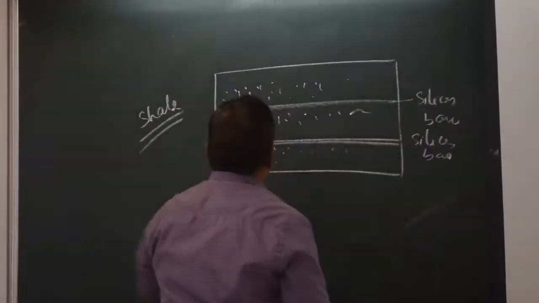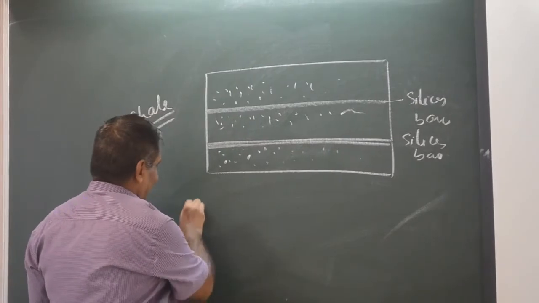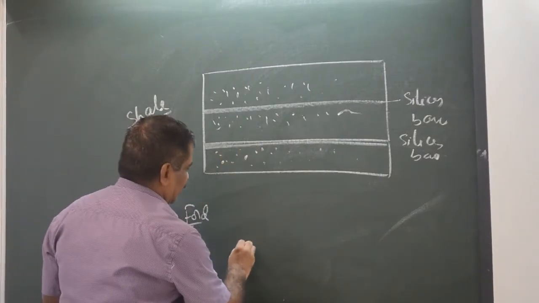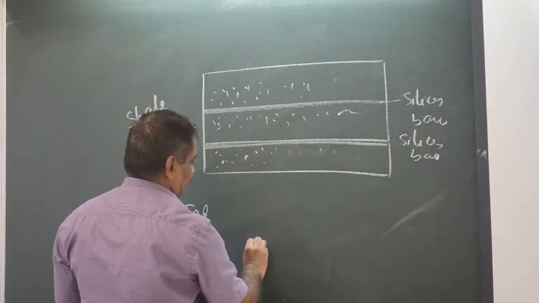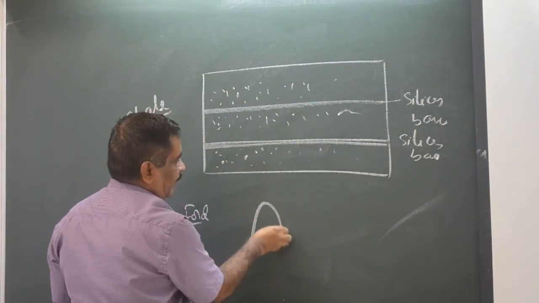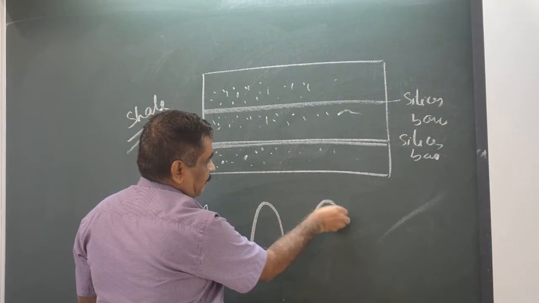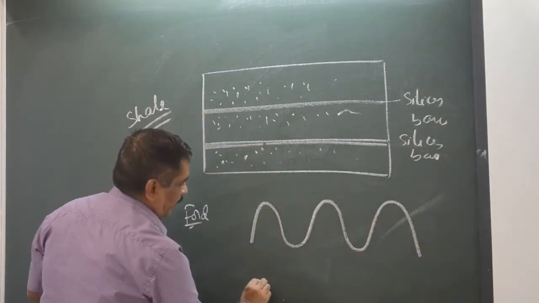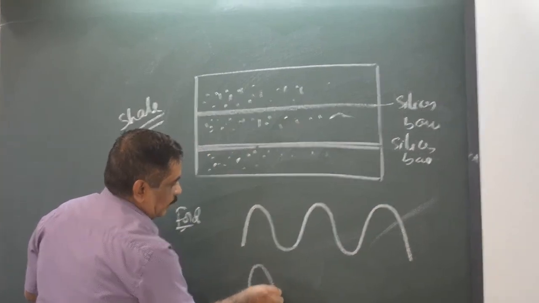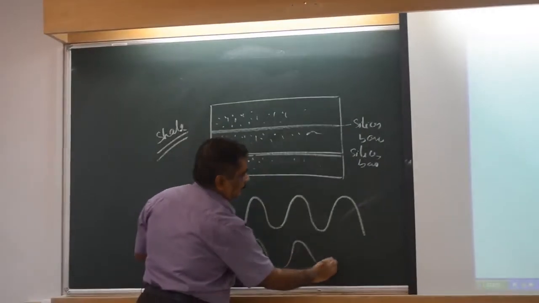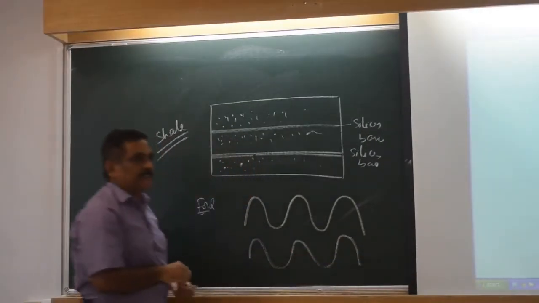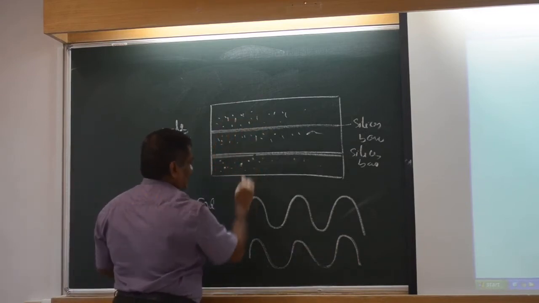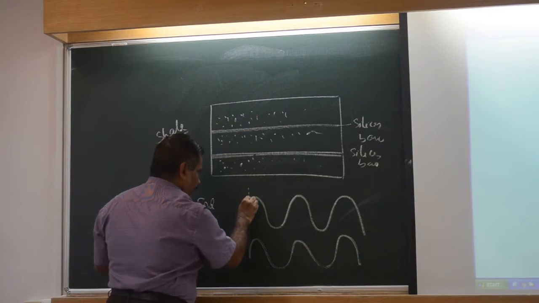So when you fold this rock, how will it be folded? All these layers will be folded like this. This layer will be folded like this, and these minerals will all be aligned this way.